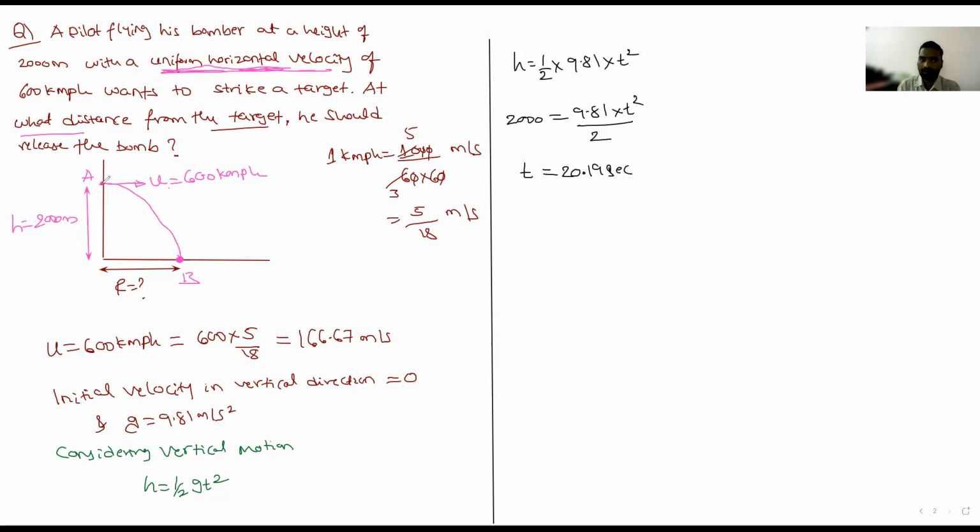So the bomb will come and hit the target after 20.19 seconds. Then I want to find out the range. How to find out the range? U into t.